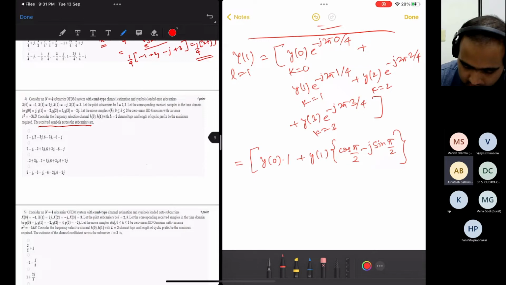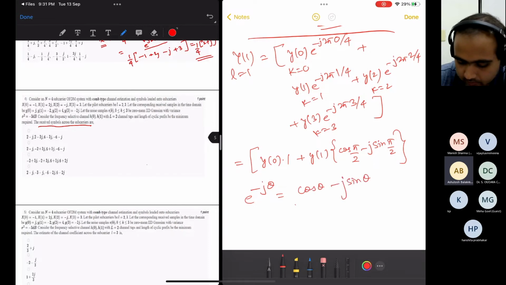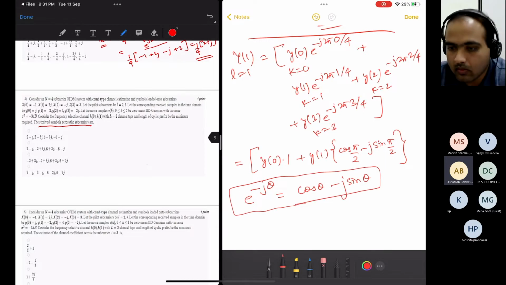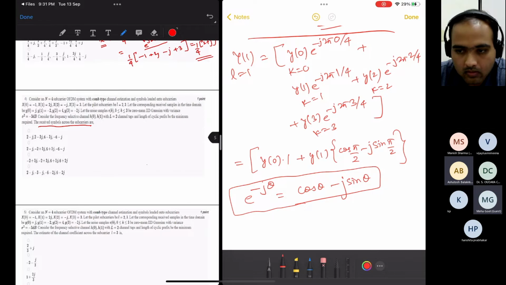So just remember this identity, that if you have e to the power minus j theta, then it is cos theta minus j sine theta. Cos theta would not be negative. No, cos theta won't be negative. Okay. Right.